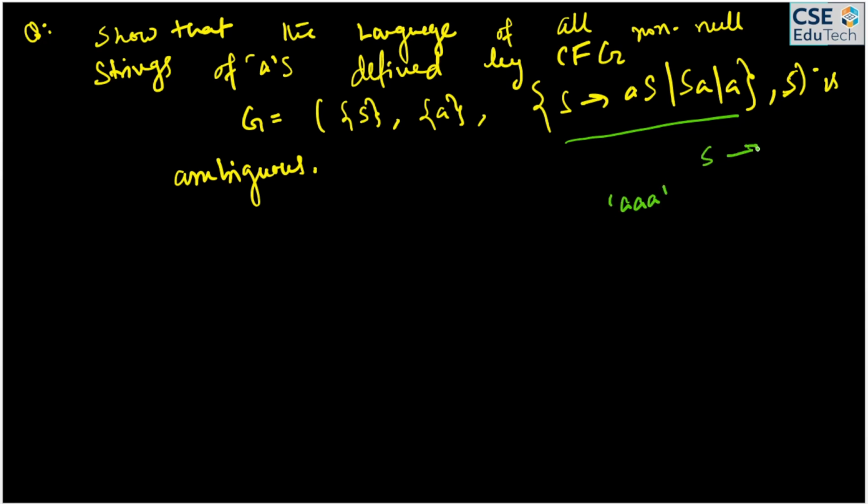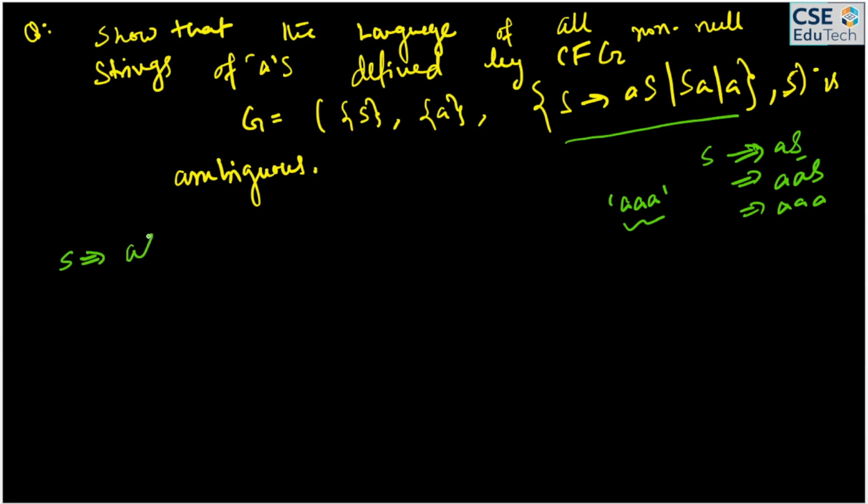From S to S, or from S to A, then AS or AAA. So we consider the string triple A. Clear? Now we try to find whether there exist two or more distinct leftmost derivations or two or more distinct rightmost derivations, right? So we start from here.